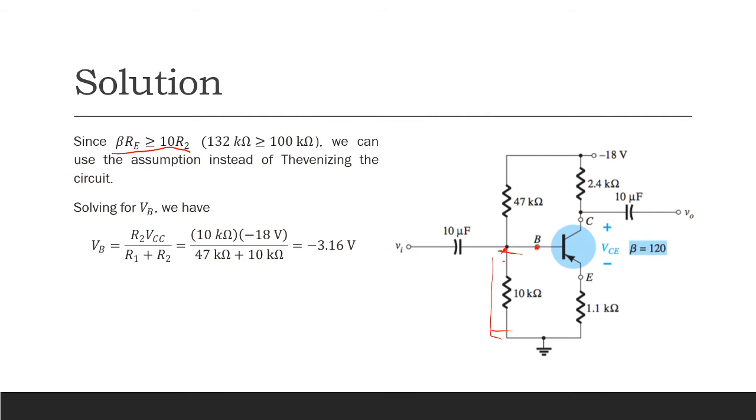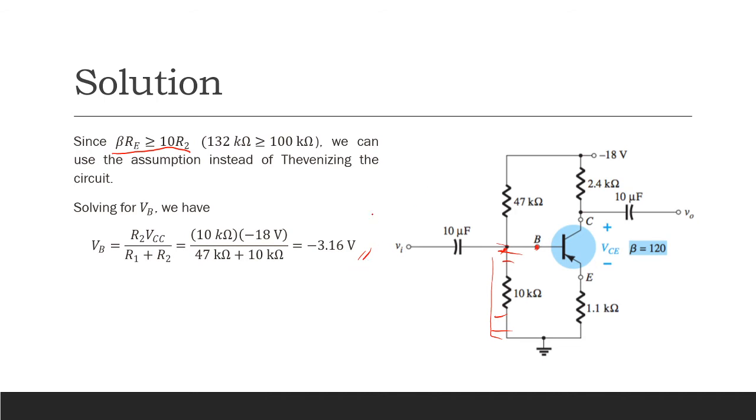So approximately, yung voltage mo dito is equal to the voltage mo sa VB. So if we get that, using simple voltage divider rule lang, we have VCC times R2 over R1 plus R2. Then we will get a base voltage of negative 3.16 volts.